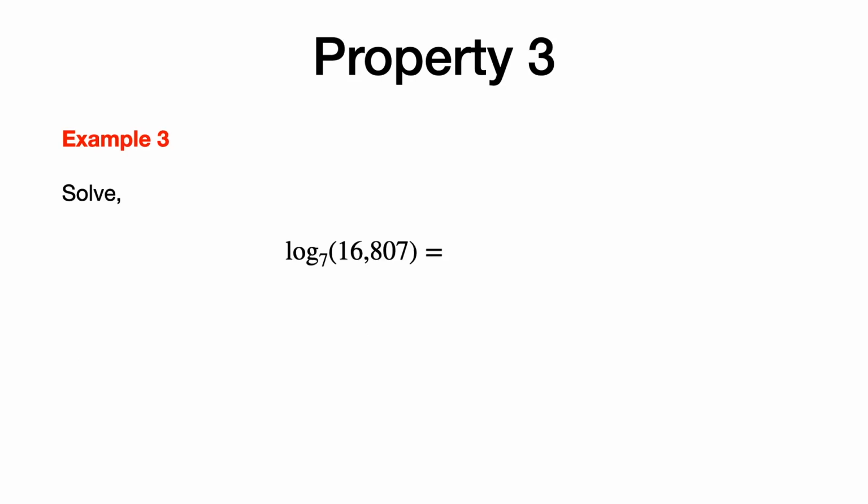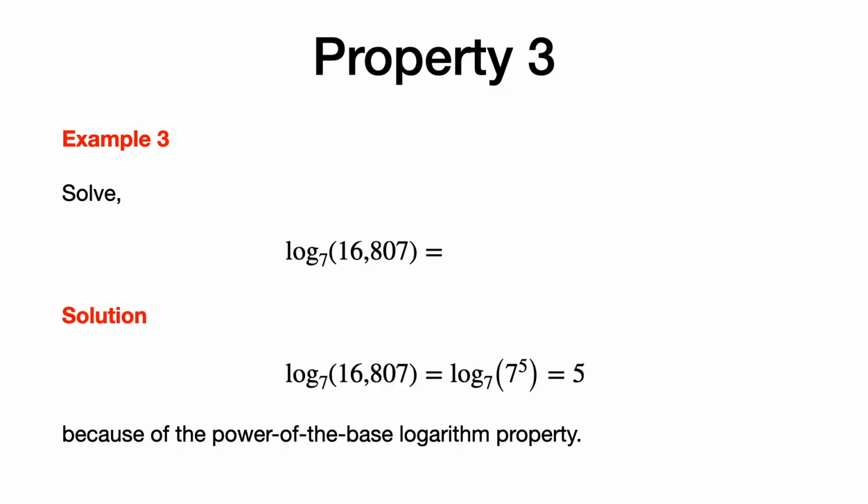Now let us look at this third example. Here you are asked, what is the logarithm of 16,807 to the base 7? The large number can seem daunting at the beginning.